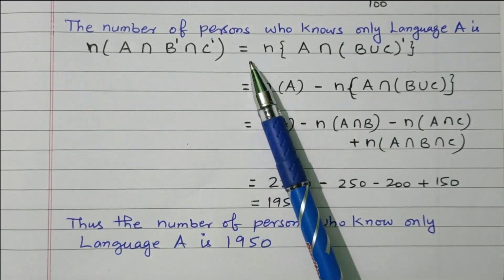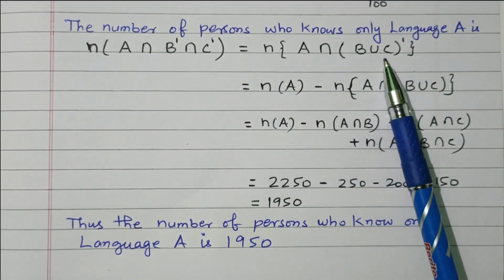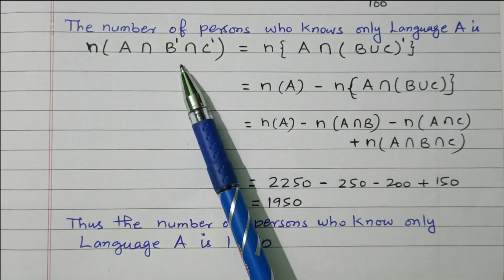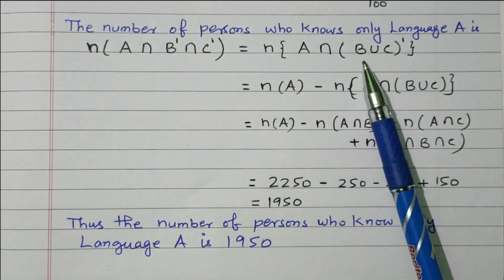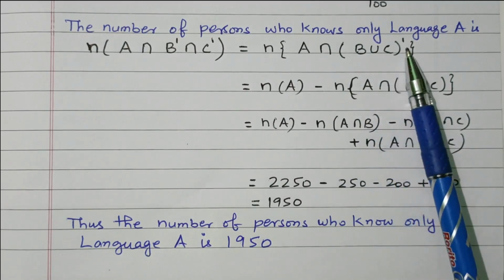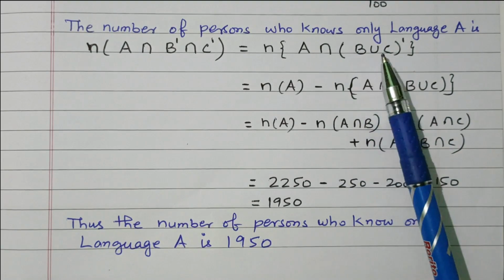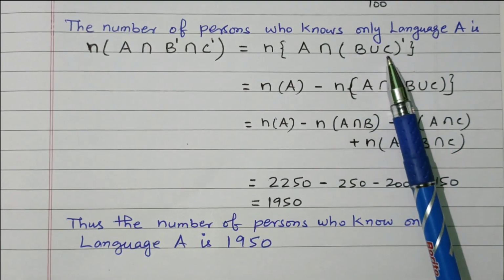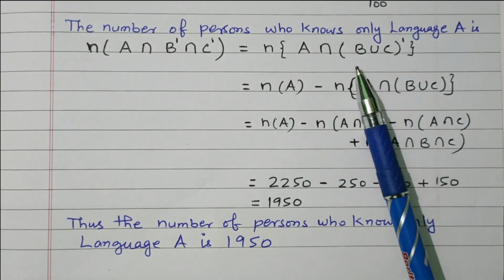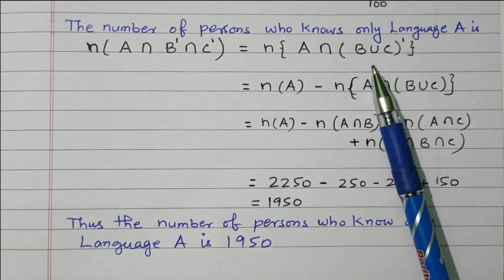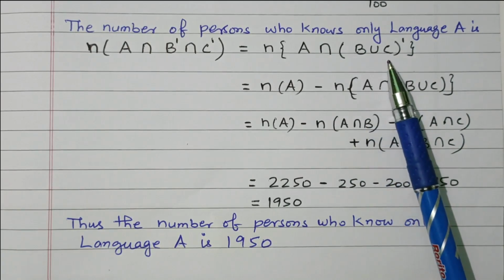So this one can be written as n of A intersection (B union C) dash, right? So this B dash intersection C dash can be written as (B union C) dash, right? That is B and C, language B and C they know, dash means they don't know. B union C means the number of persons who knows the language B as well as C, right?